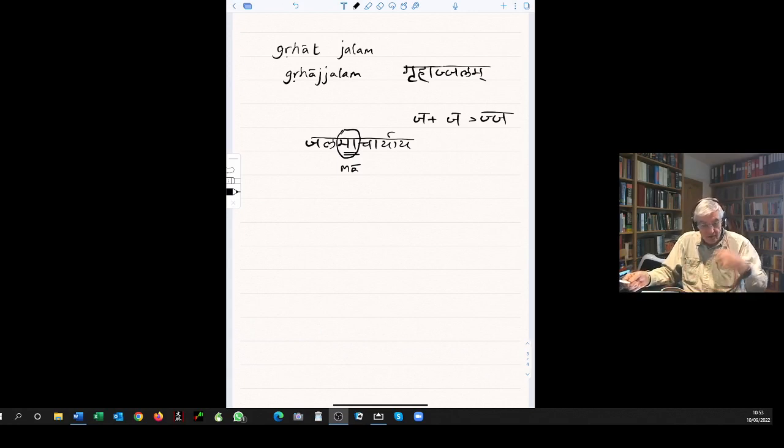So the hero says Rama is going there for water, to get water. So Ramah tatra becomes Ramas tatra, jalaya unchanged, gacchati iti, gachatiti, virah vadati, viro vadati. Ramas tatra jalaya gachatiti, viro vadati.